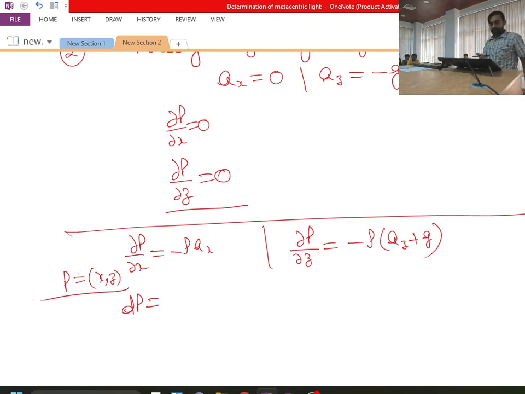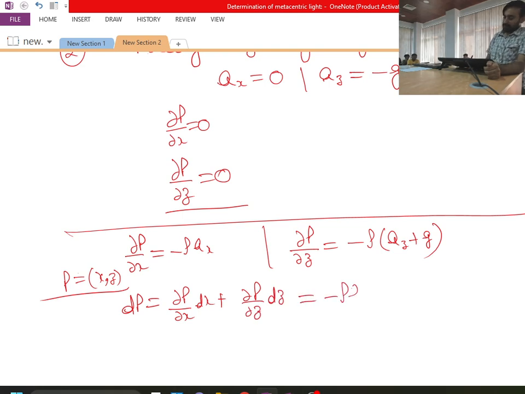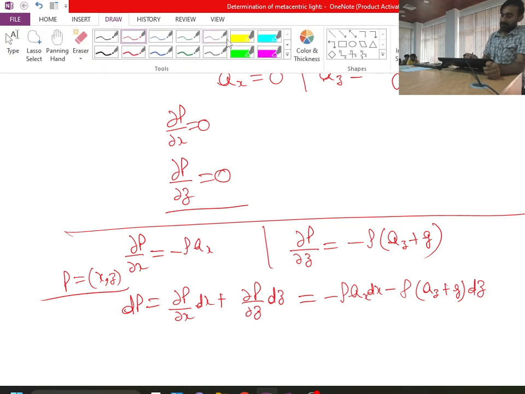Okay. So if I have to write down the total pressure, that will be equal to minus rho AX into dx minus rho times (Az plus G) into dz. Is the point clear?